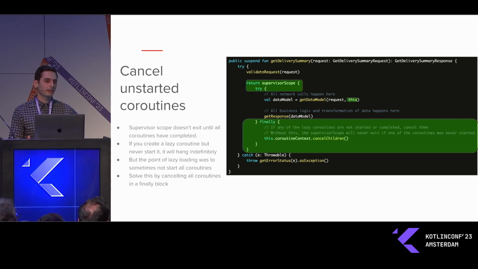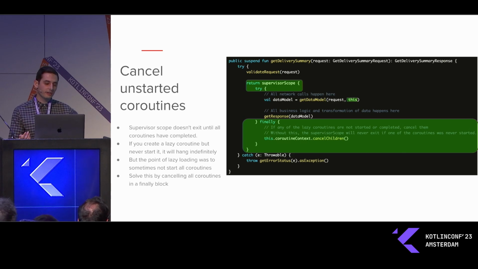I ran into this bug while writing tests for my initial implementation, and it took some careful stepping through with the debugger and searching on Stack Overflow to figure out what was going on. The whole point of using lazy loading was that sometimes we don't want to start the coroutines. So this infinite hanging is unfortunate.